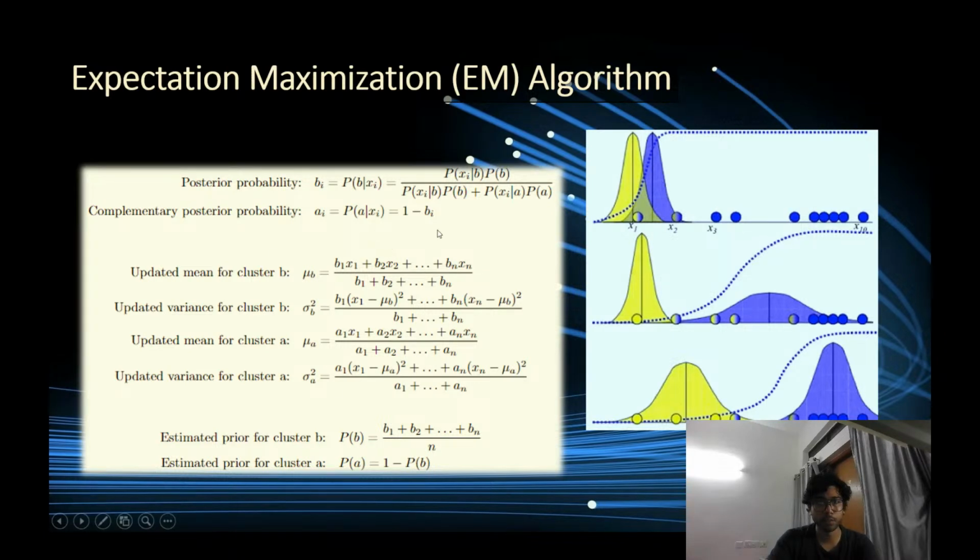So once you know P of xi comma b, pb, you can calculate like this. Okay, b1, summation of the bi's divided by n, and from there you can calculate the posterior probability, and using the posterior probability you can calculate the updated mean. You'll get all the values of bi's, and then you do b1 x1 and so on, and then you get the updated mean like that.